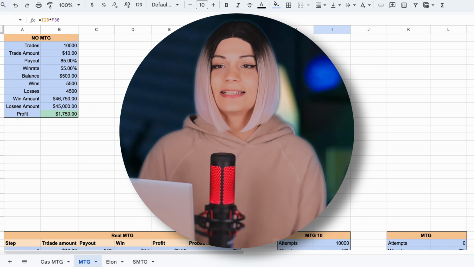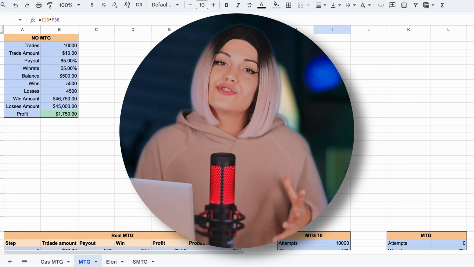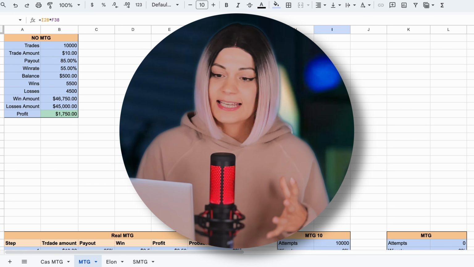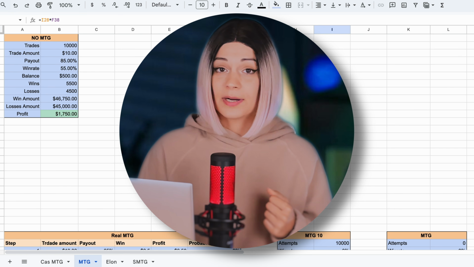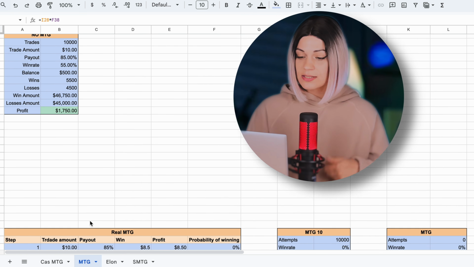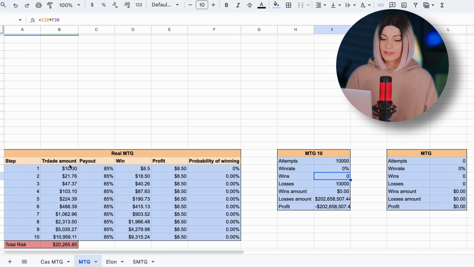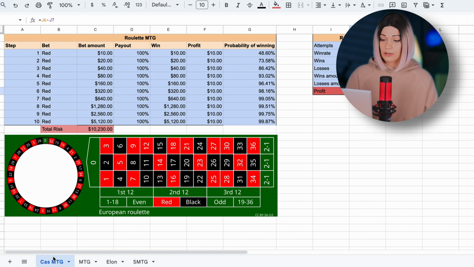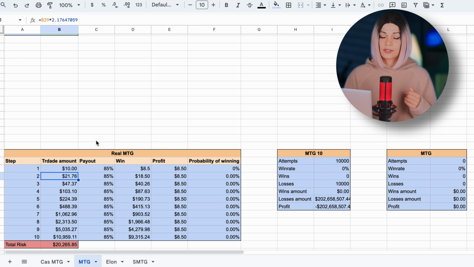Now let's see if Martingale is gonna help you change it at least a little bit and help you get more money with 55% win rate. So first things first that you need to understand is that if you can see right here, I'm multiplying each next number, not on 2. So if first one is 10, next one would be 20, like with the casino with 100% payout, we multiply by 2.